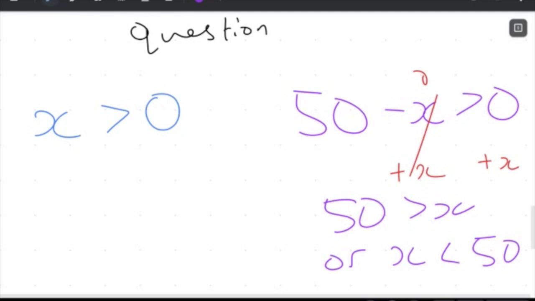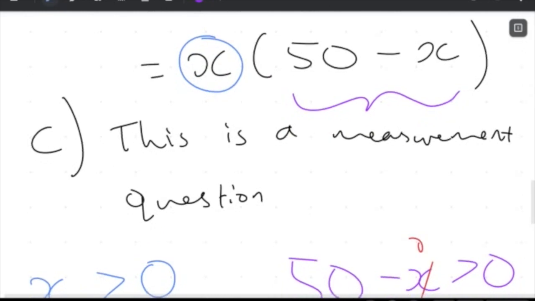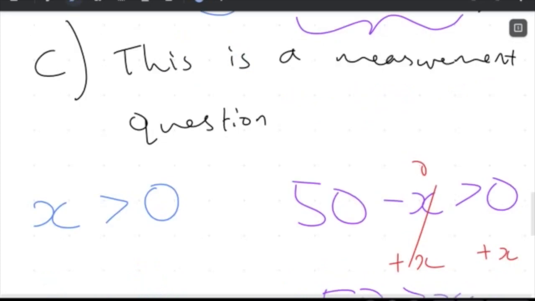A lot of these questions, particularly with measurement, it's all about context. We have to remember that at the end of the day, we are looking at measurements. Lengths can't be negative, so both this and this need to be positive, greater than 0.